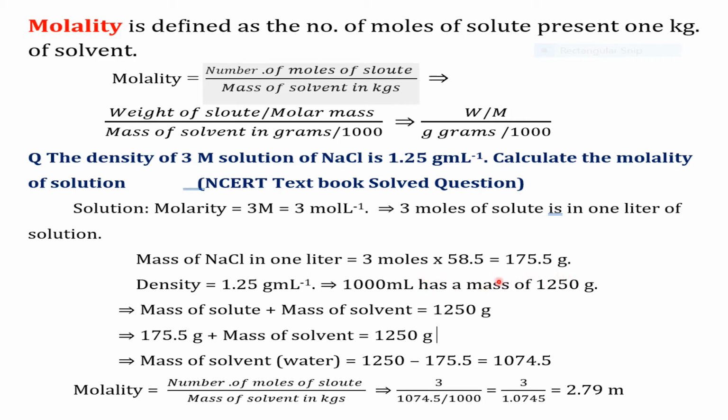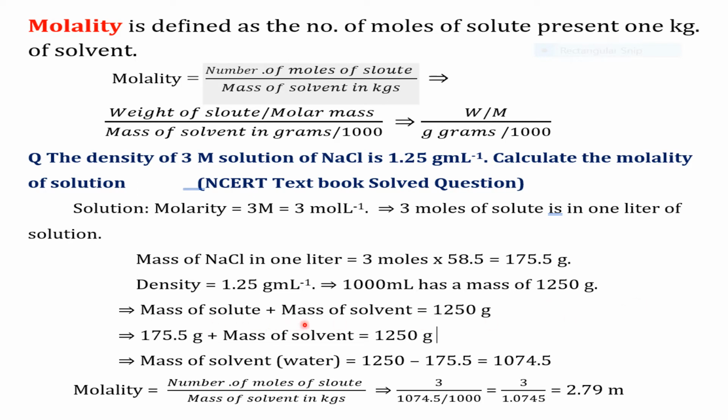That means in 1 liter of solution we have 175.5 grams of sodium chloride. Density of the solution is given as 1.25 gram per milliliter. That means 1000 ml of solution has a mass of 1250 grams.